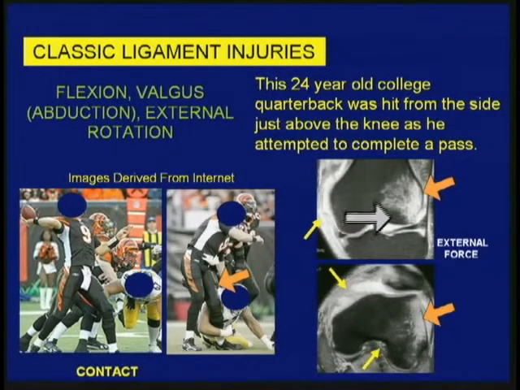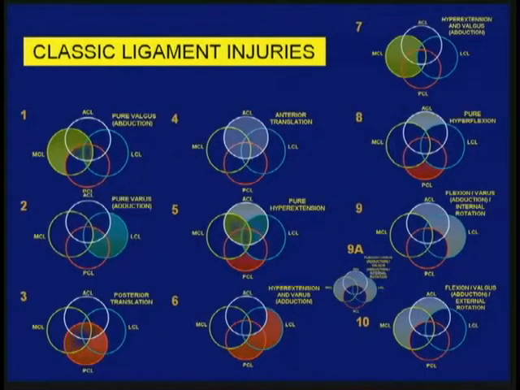Here is the external force, all of this tearing of the medial supporting structures, and note not just the medial collateral ligamentous complex, but the medial patellofemoral ligament is torn, as were the cruciate ligaments, and this would be the mechanism of Lowry. So you can, in fact, come up with a scenario. I'm not expecting you to learn this, but I think it's in your handout of all of these Venn diagrams.